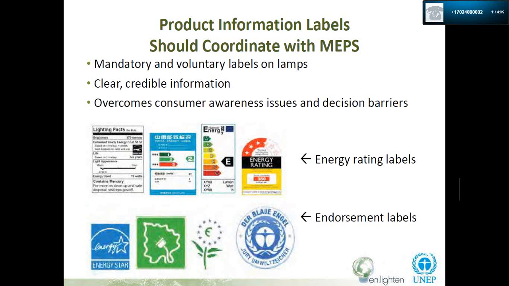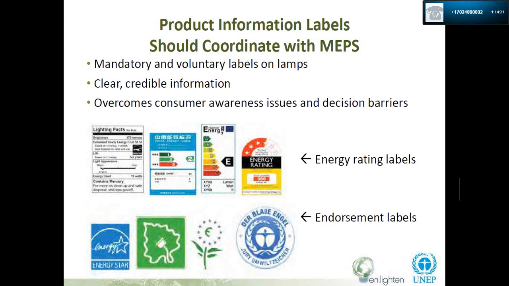So consumers can absorb quite a bit of information. It's important to have it both in numeric form as a metric, but also most labels give you some very simple scale going from least efficient to most efficient. And here are some examples from different countries of how this is done.